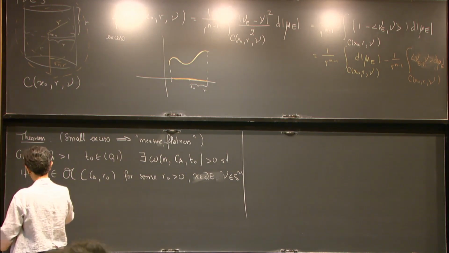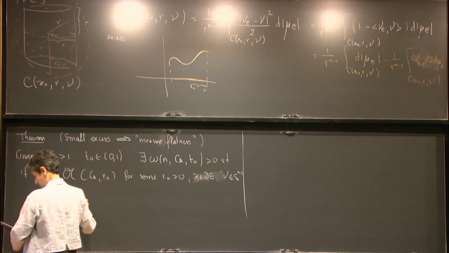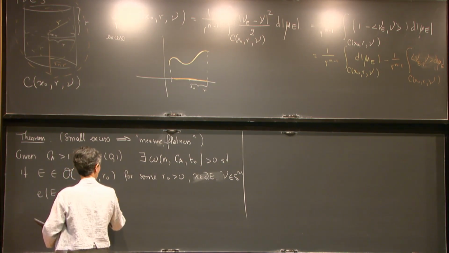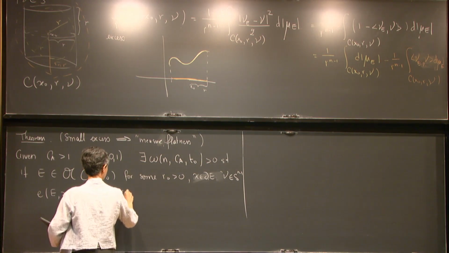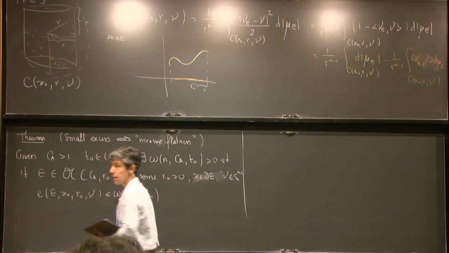The excess of E at the point x0 at the radius r0 in the direction nu is smaller than this mysterious number, then three things happen.